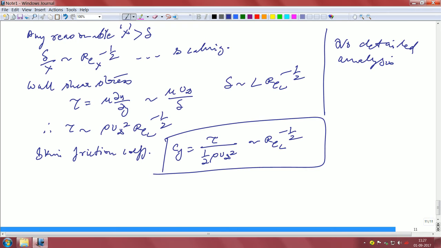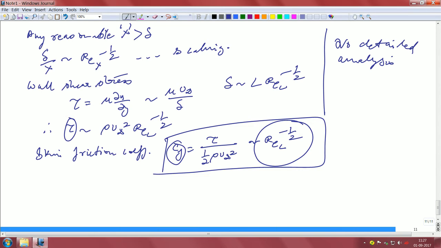We know that tau depends on the Reynolds number in a certain way, so as you increase or decrease the Reynolds number, tau increases and decreases accordingly. That is the powerful nature of scaling: without doing any detailed math, we are able to identify the key functional groups on which Cf, tau and all these things depend.